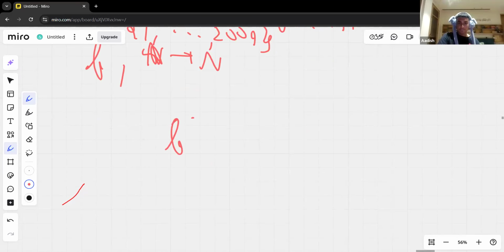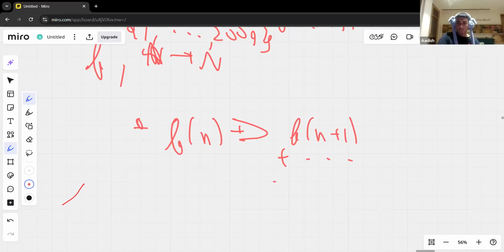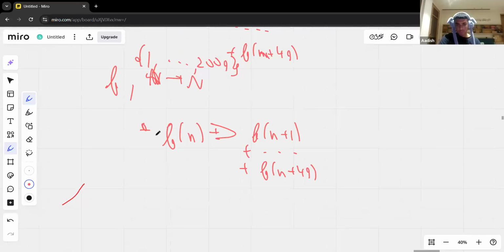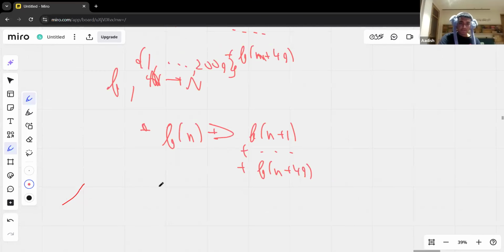I want some function such that f of n is greater than f of n plus 1 plus dot dot dot plus f of n plus 49. Does everyone understand why having this kind of function will work?